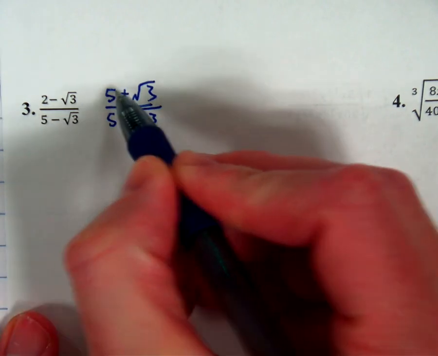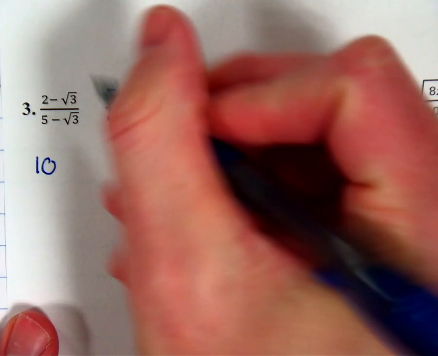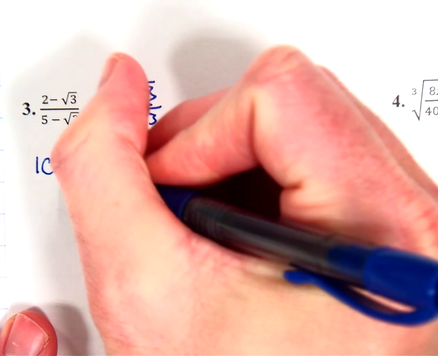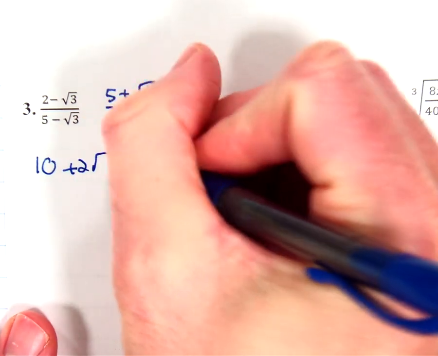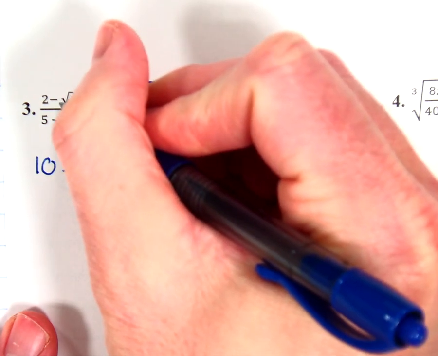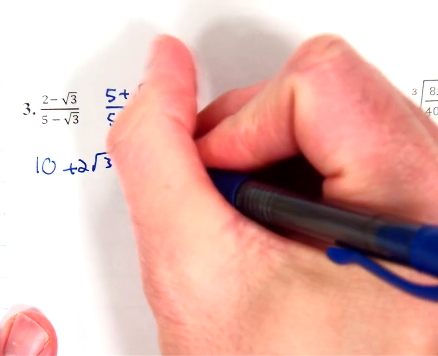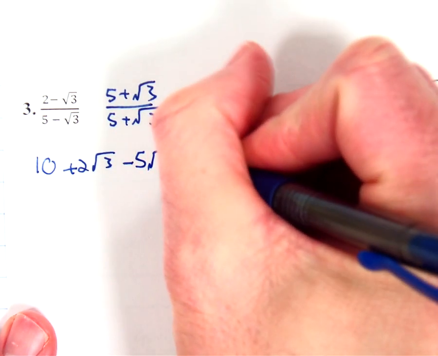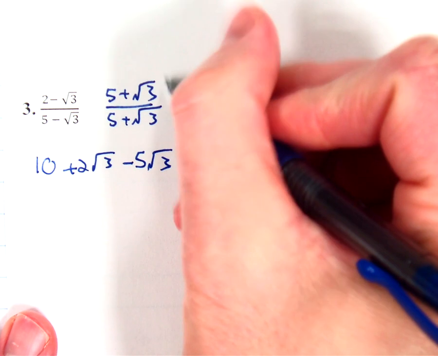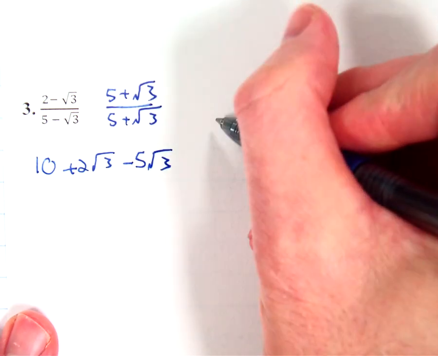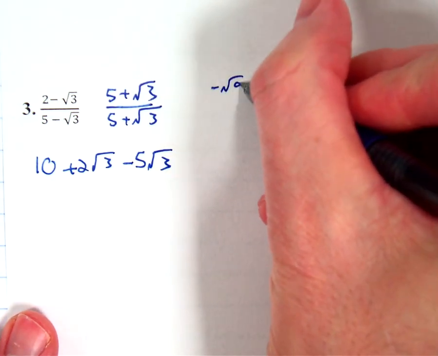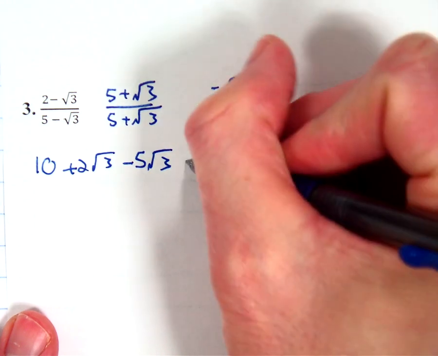Okay, so 2 times 5, that's going to be a 10. 2 times radical 3, we got plus 2 radical 3. Negative radical 3 times 5, we got minus 5 radical 3. Negative radical 3 times positive radical 3, that's going to be a negative square root of 9, which will be a negative 3.